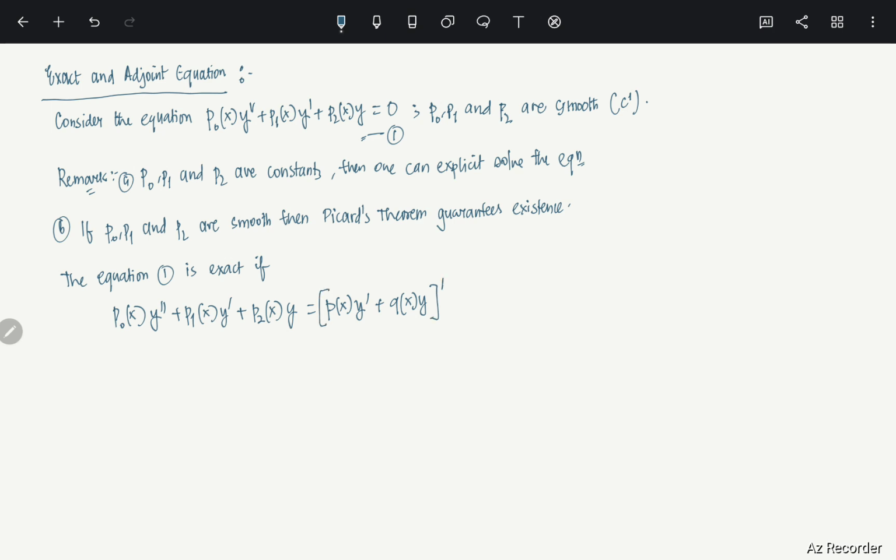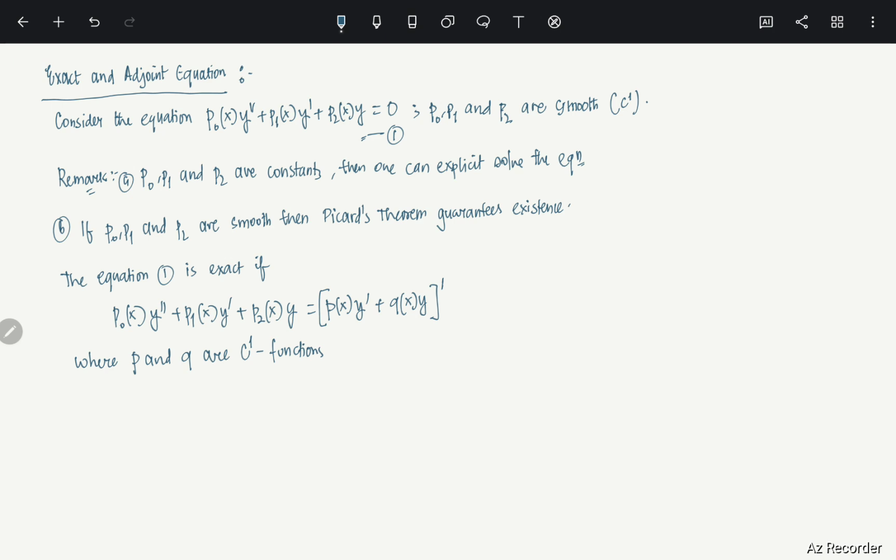Clear? Okay. Where P and Q are differentiable functions, continuously differentiable, so C1 functions. Why? You see, I want to write this expression like this. You understand?